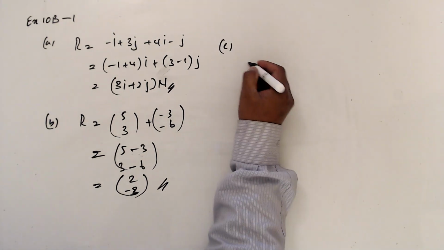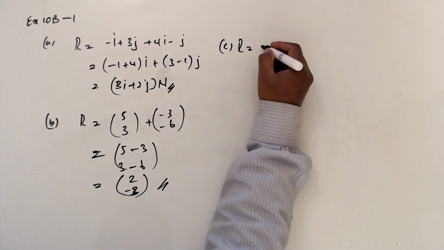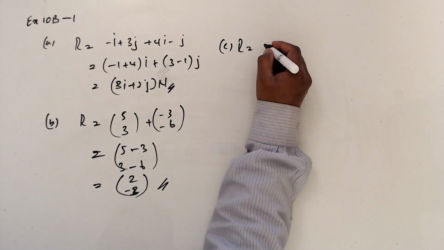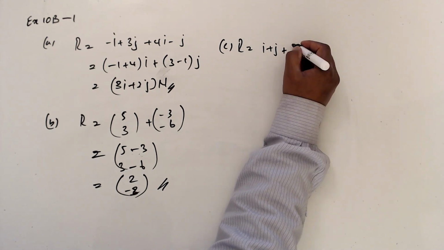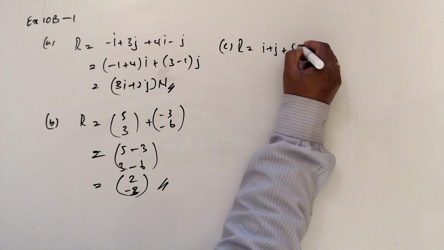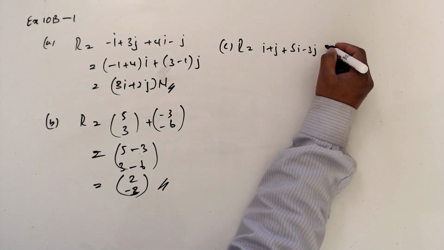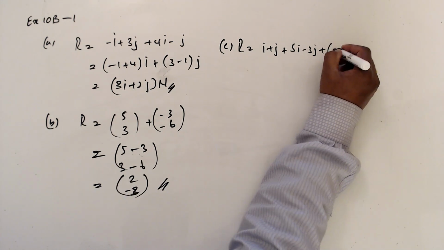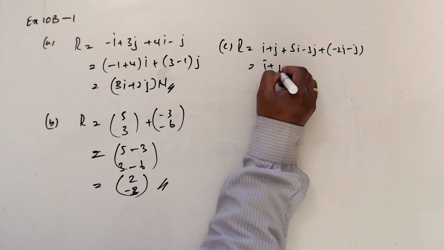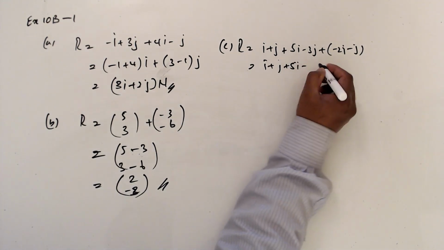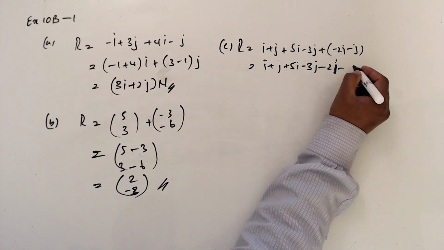And part C. The resultant vector is i plus j plus 5i minus 3j plus minus 2i minus j. So i plus j plus 5i minus 3j minus 2i minus j.